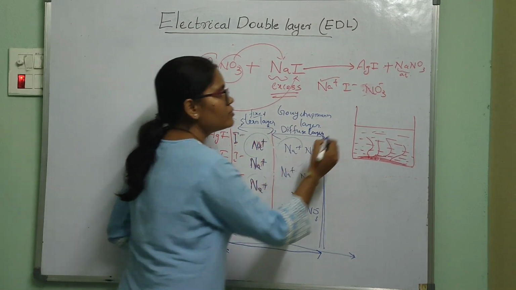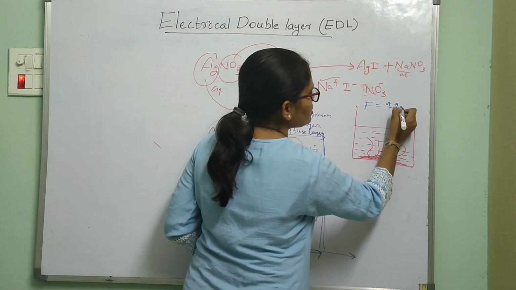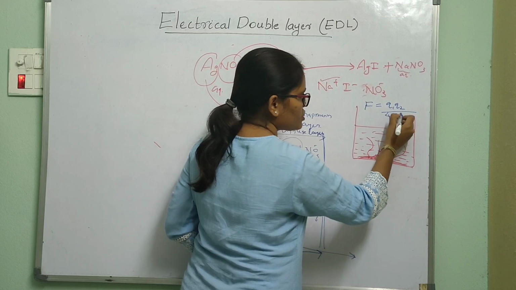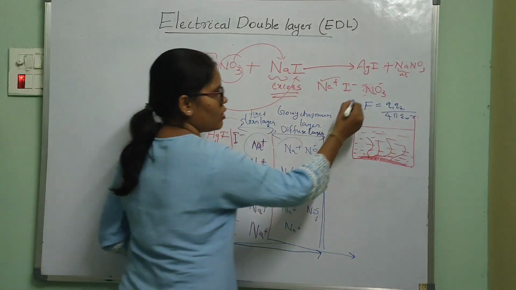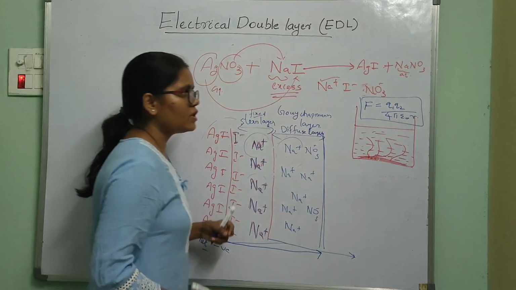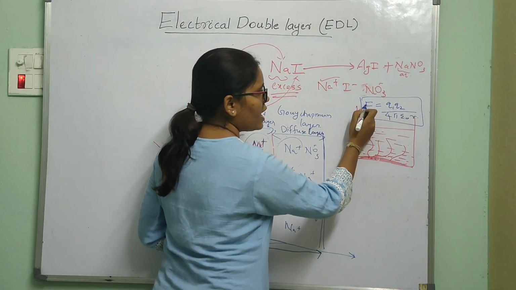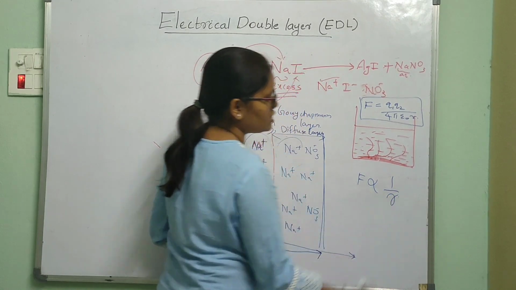And we know from Coulomb's law, force of attraction or repulsion is equal to Q1 Q2 by 4 pi epsilon naught R squared. Yeah, I think this is Coulomb's law. So the electrostatic force of attraction or repulsion is given by this formula, and we see that this force decreases with distance.